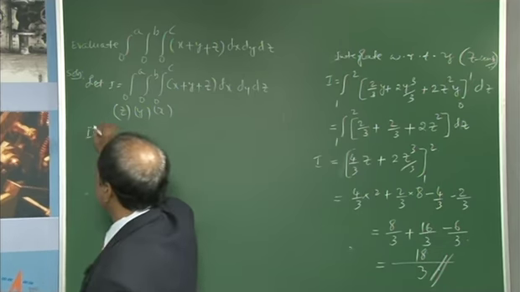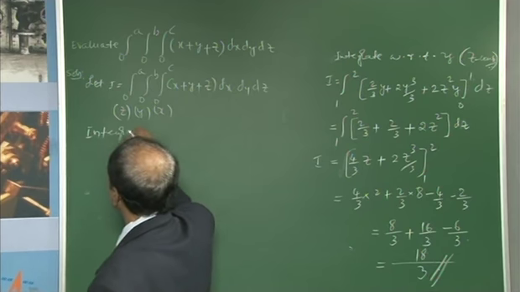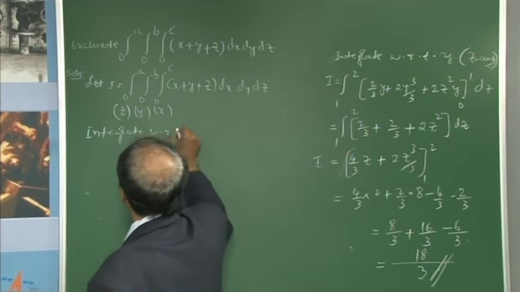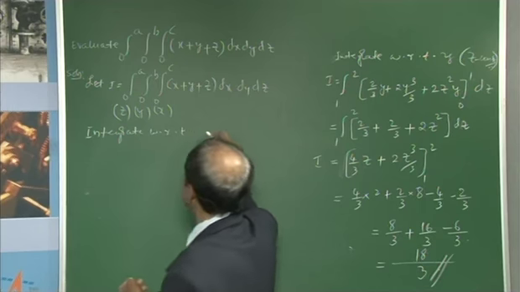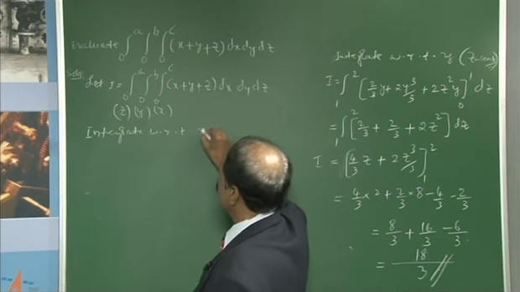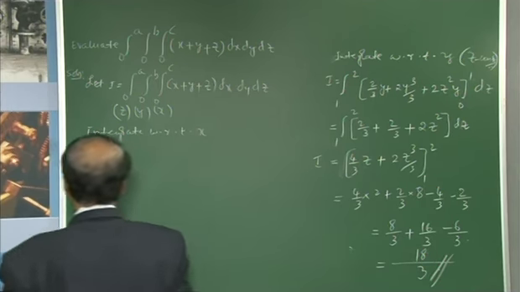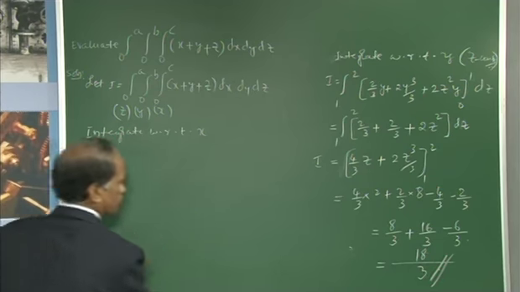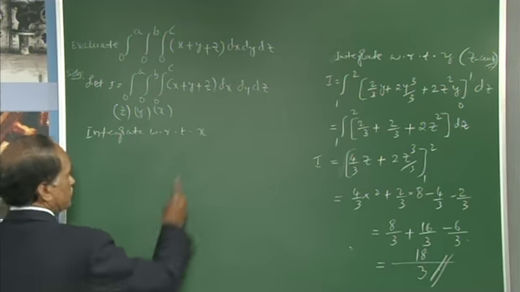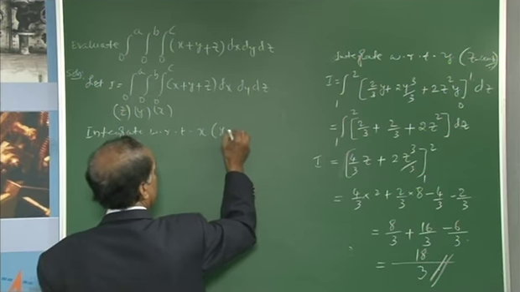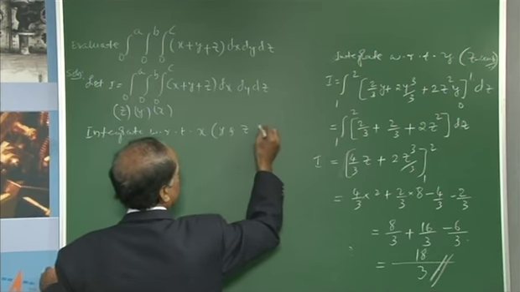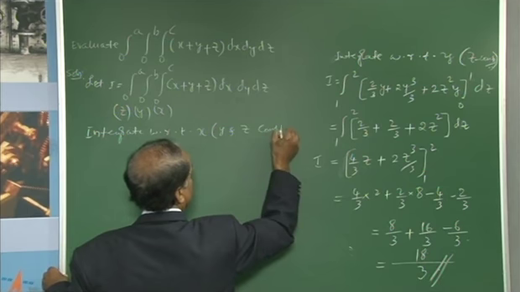Then integrate with respect to x. First you will do the integration with respect to x. That means temporarily y and z you are keeping as constants.